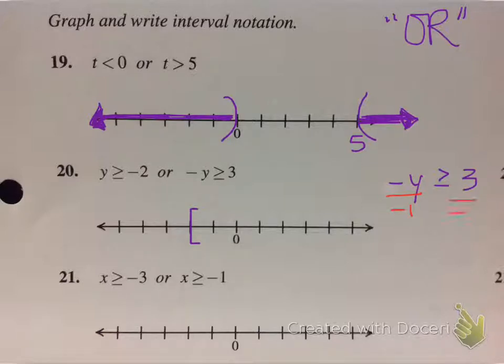Divide by -1, which is going to give us y less than or equal to -3, because you have to reverse your symbol. And so that's going to be here. So we need less than -3, and we need greater than -2.